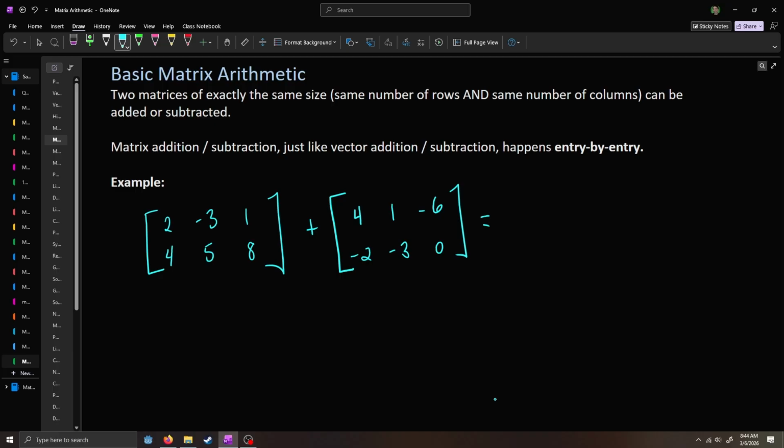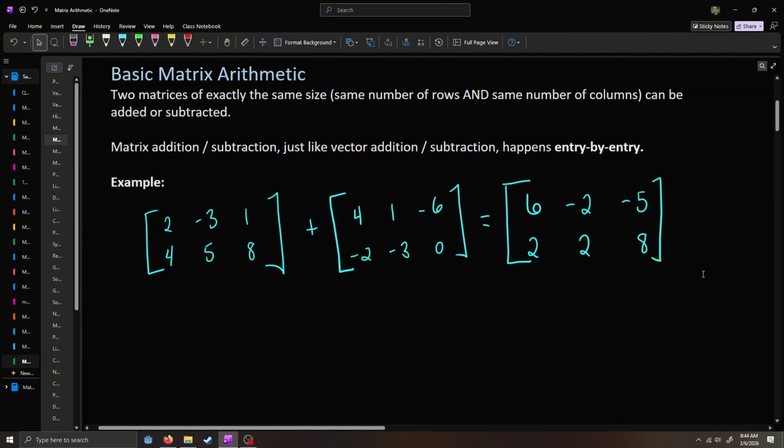And so the result of this is also a matrix with 2 rows and 3 columns. 2 plus 4 giving us 6 for the first entry, negative 3 plus 1 giving us negative 2, 1 plus minus 6 giving us minus 5, and then in the second row, 4 plus minus 2 is 2, 5 plus minus 3 is 2, and 8 plus 0 is 8.